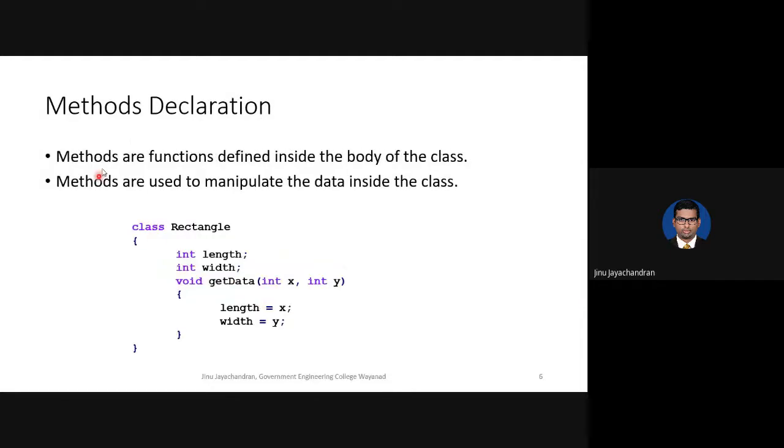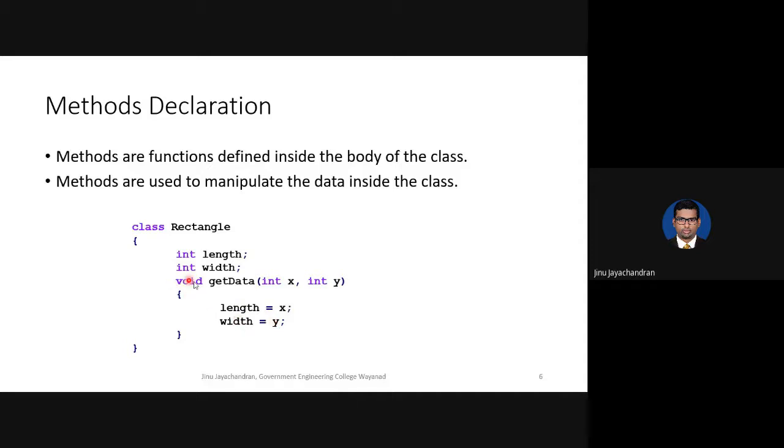Method declarations. Methods are functions defined inside the body of the class. Methods are used to manipulate the data inside the class. So you see in this example, apart from int length and int width, you have a function called getData, which accepts two arguments, int x and int y, and you are just assigning the value of x to length and y to width.